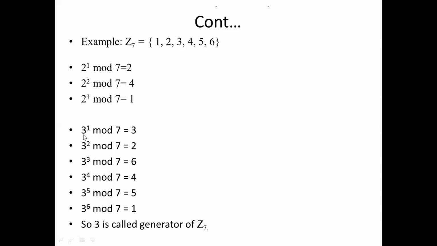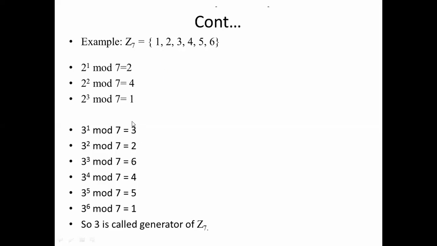Next, you go with 3. 3 to the power of 1 mod 7 means 3. Like this, you keep finding until the remainder you get is 1. So what are the elements here? Here you have got 1, 2, 3, 4, 5, 6, which is equal to Z7. But with 2, you get only 1, 2 and 4, which is not equal to Z7.